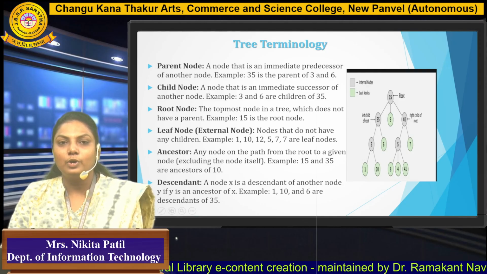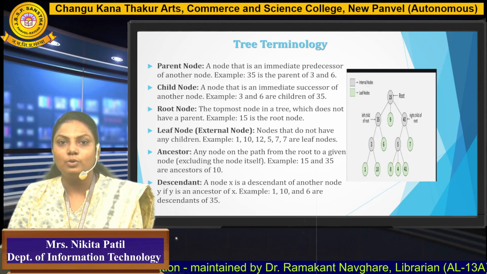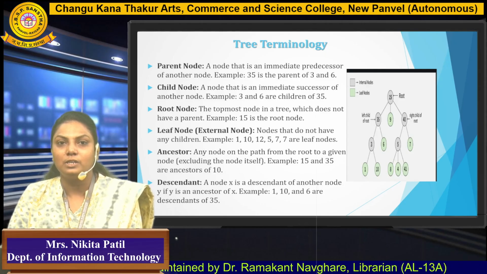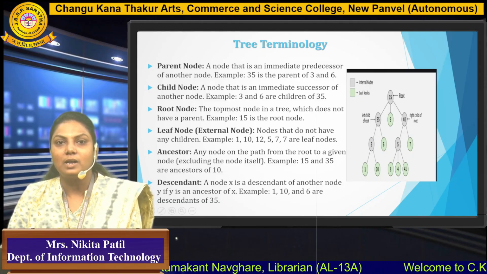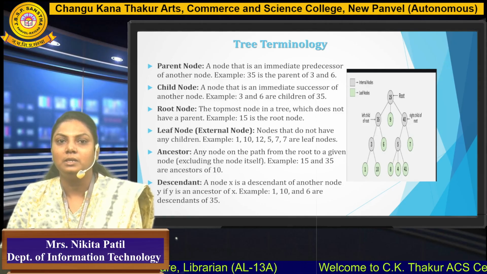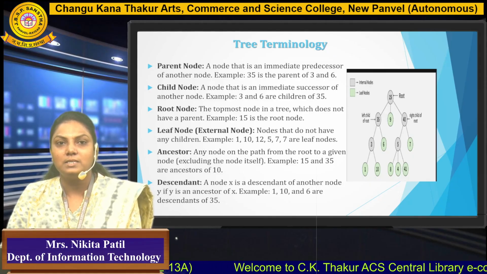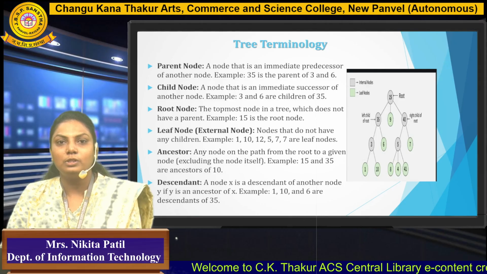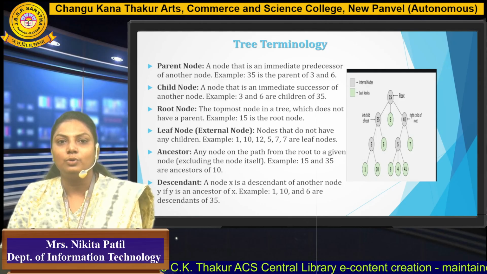Now move on to the next terminology, the leaf node, which we consider as the external node. A node that does not have any children is a leaf. For example, 1, 10, 12, 5 and 7 are the leaf nodes, meaning they terminate the tree. Now next is ancestors: any node on the path from the root to a given node, excluding the node itself.